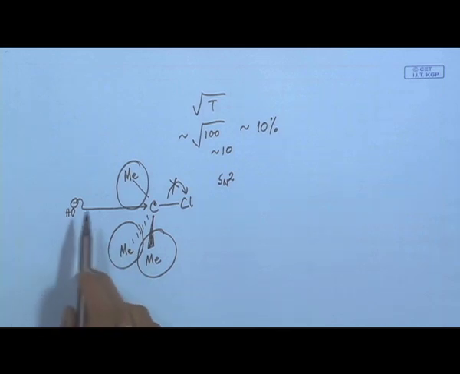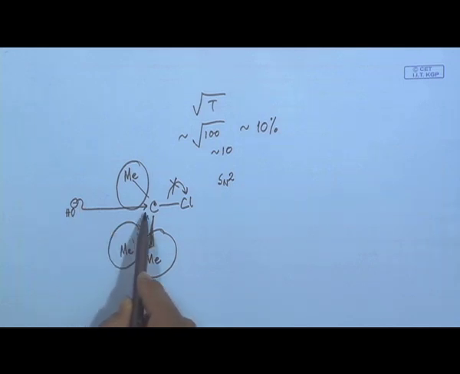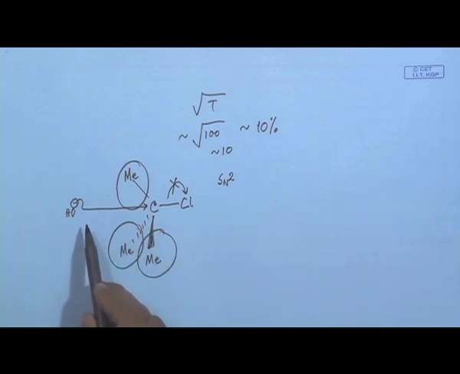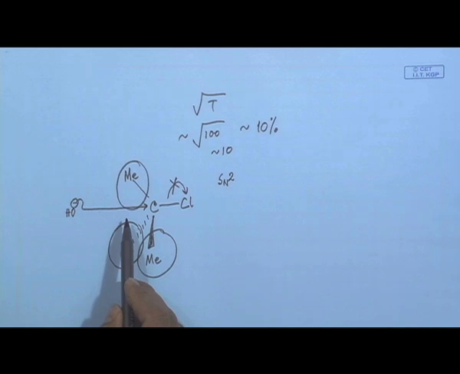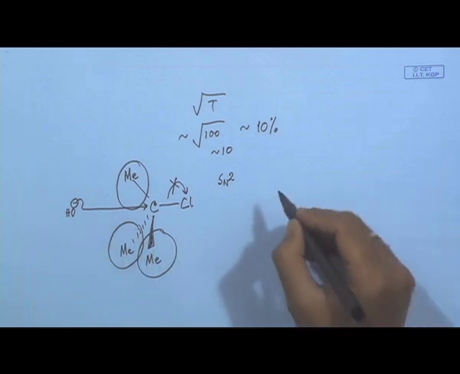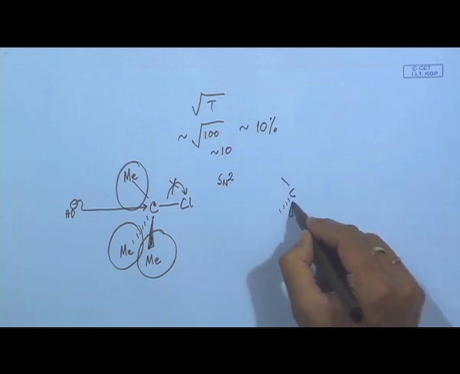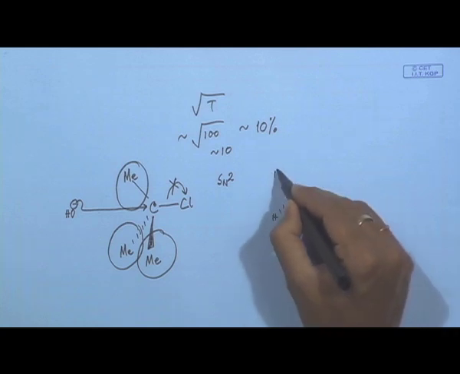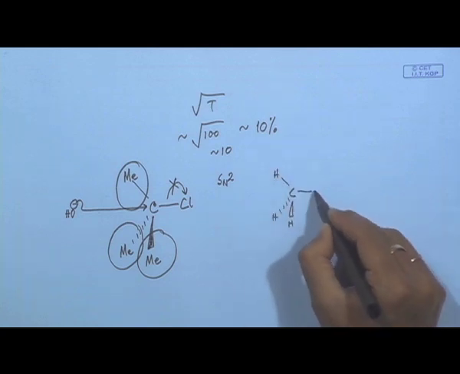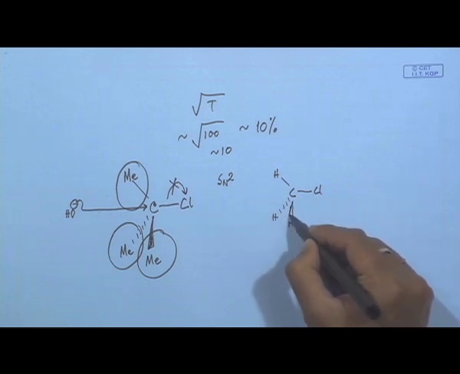That means this reaction will not take place in this particular way. This mechanism is not an acceptable mechanism for this situation. So, your steric factor says that this reaction will not take place in this mode. But in another case, say you have methyl chloride, CH3Cl, in place of three methyl groups you have three hydrogens. So, what will happen?